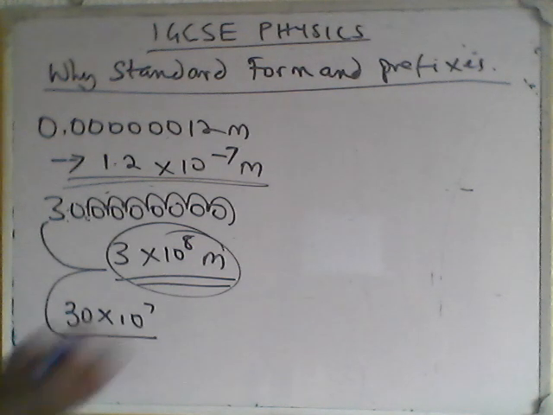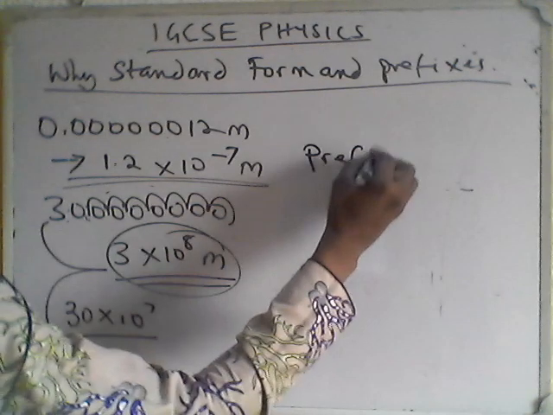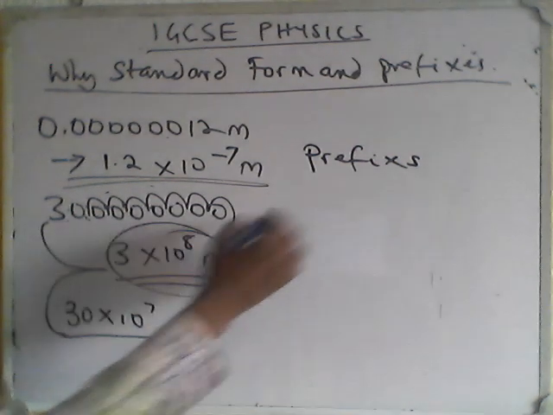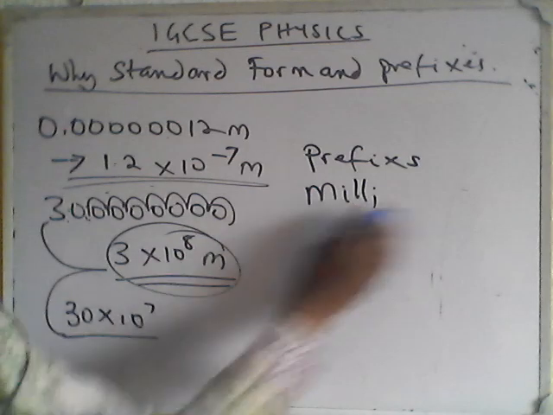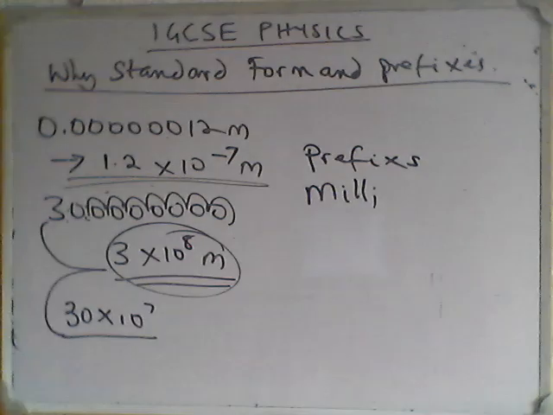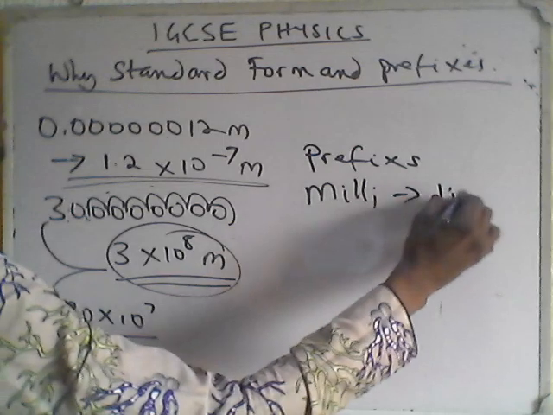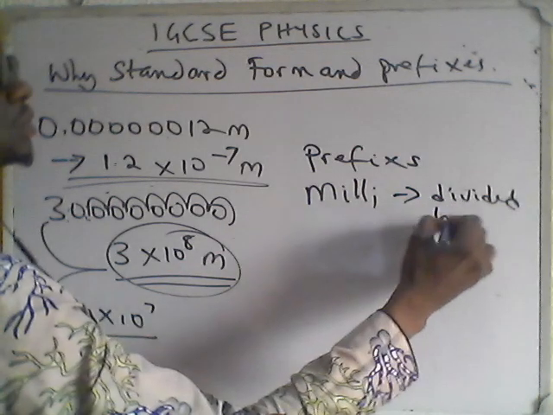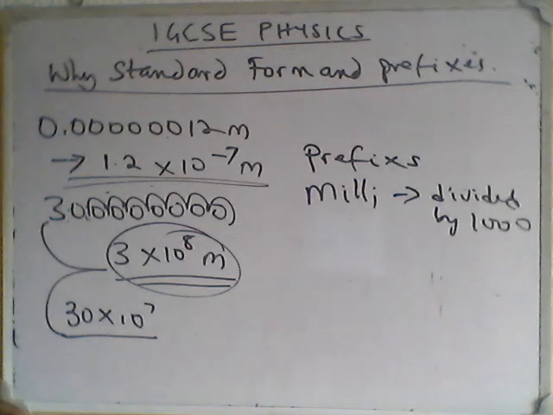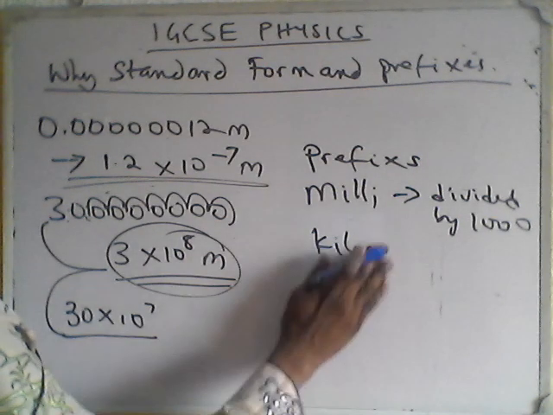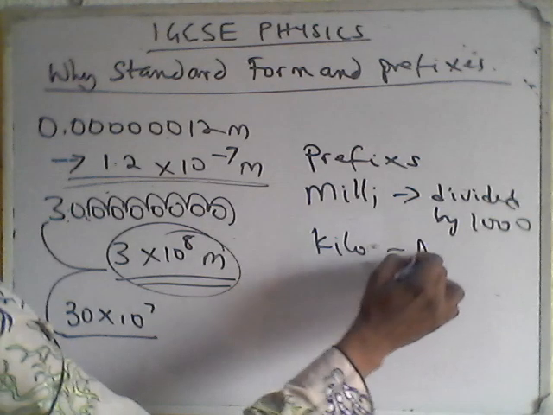All right. So this is for standard forms. But, you know, prefixes. Prefixes are just letters that come before the main letter to further describe a new identity. For instance, if I put milli before a quantity, it means that it is divided by 1000. If I put kilo before a quantity, it means multiply by 1000.